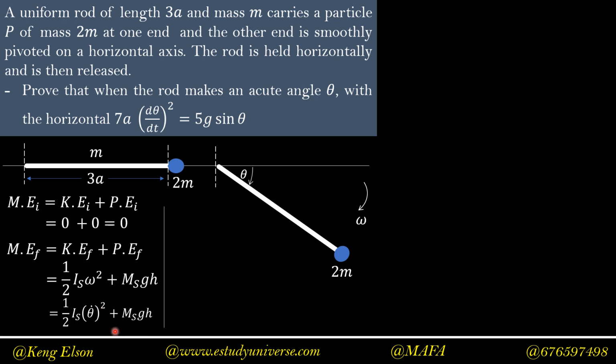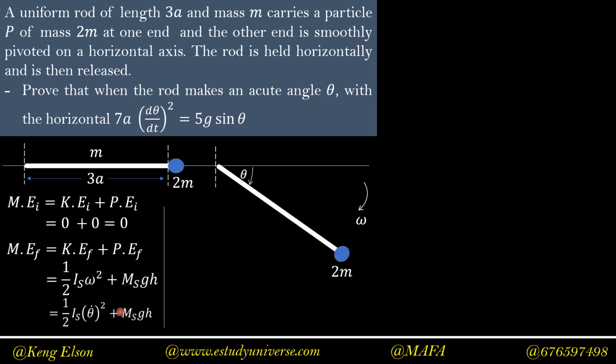All right, so the objective now is to get the value of h and also the moment of inertia of the system, because according to the proof, d theta by dt is basically theta dot. If we equate these two values, you realize that the only missing terms are the moment of inertia of the system and the value of h.